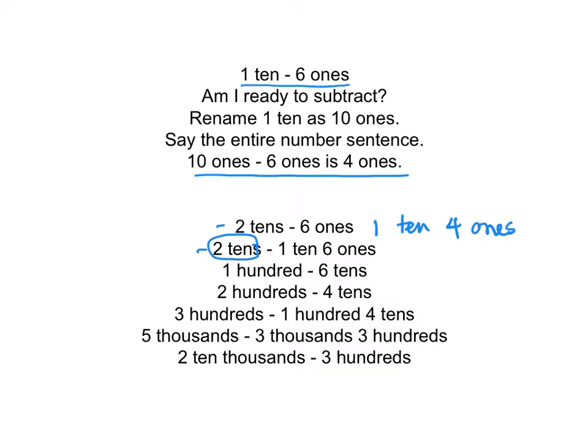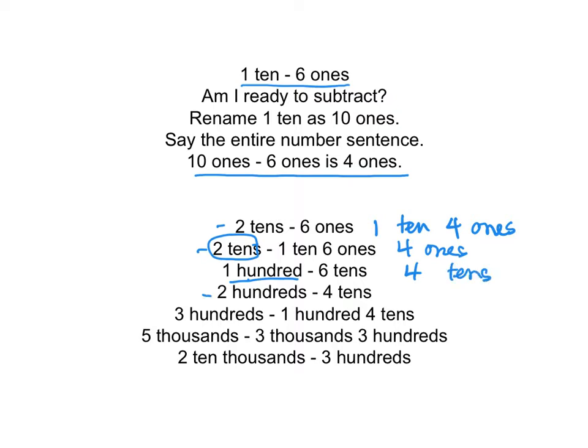And that leaves us with 4 ones because our tens, when we subtracted 1 ten minus 1 ten, was 0. All right, the next one, we're going to look at 1 hundred minus 6 tens. So we're going to turn that 1 hundred into 10 tens minus 6 tens, and we are left with 4 tens.